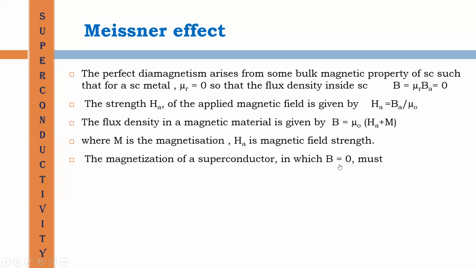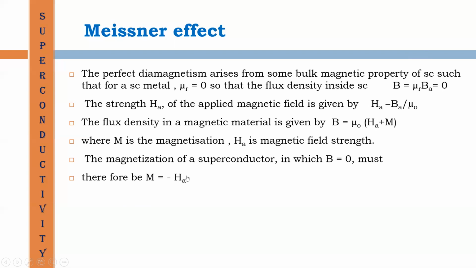And we know that B is equal to 0 here. Then that means in this expression, HA plus M must be equal to 0. That means M must be equal to minus HA. Look at these quantities.